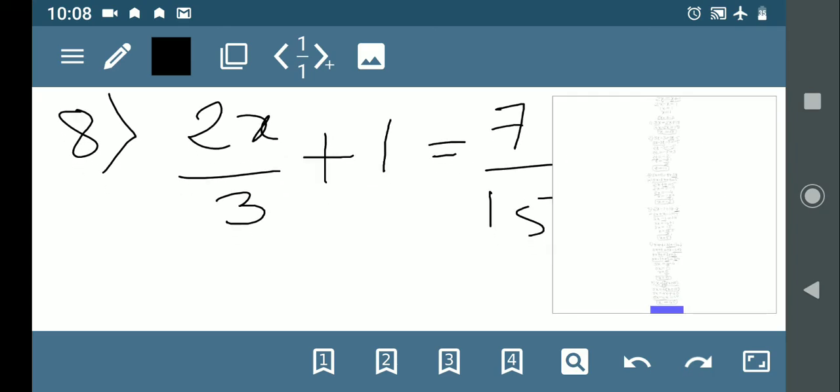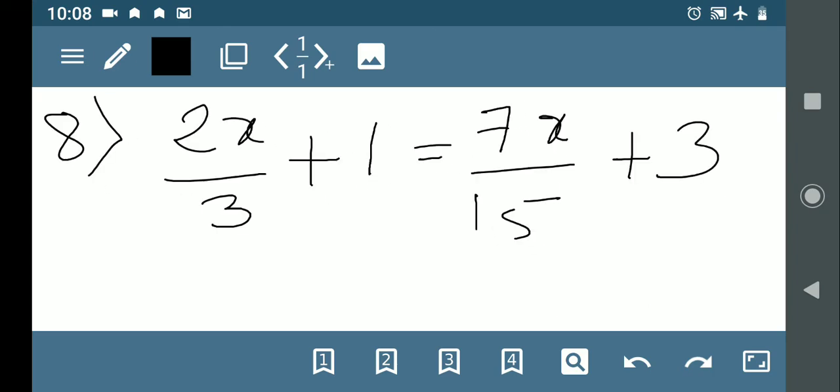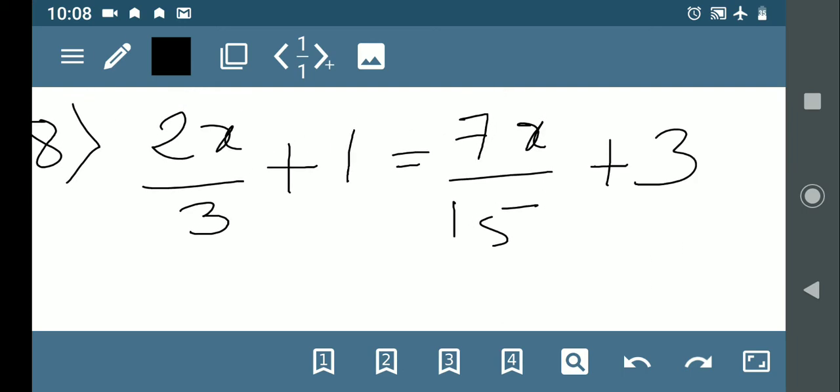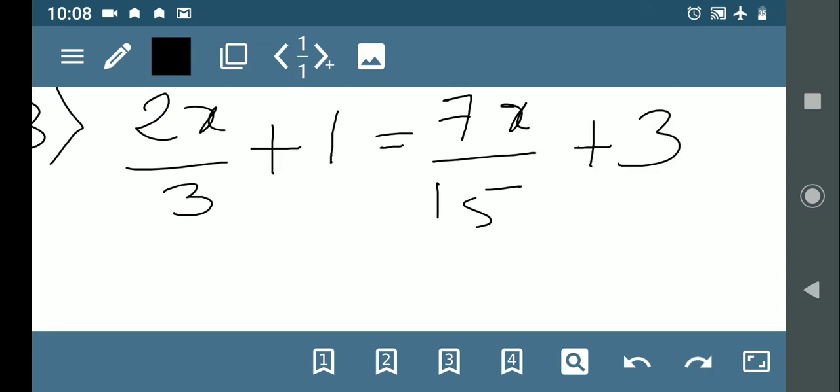So here we can solve this in many ways, but one way I will teach you: 7x is the larger number, 2x is the smaller number. So first let us take 2x by 3 onto the RHS.